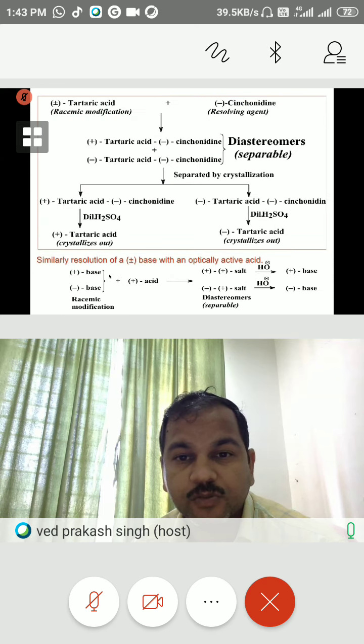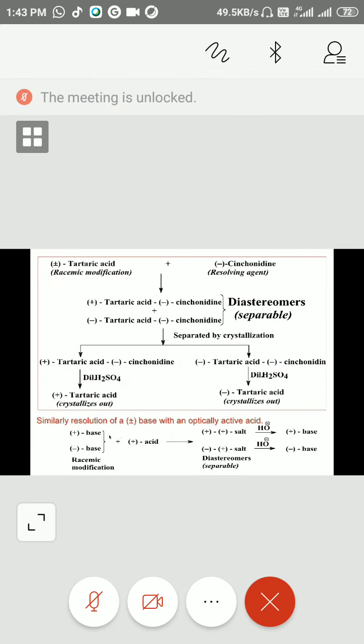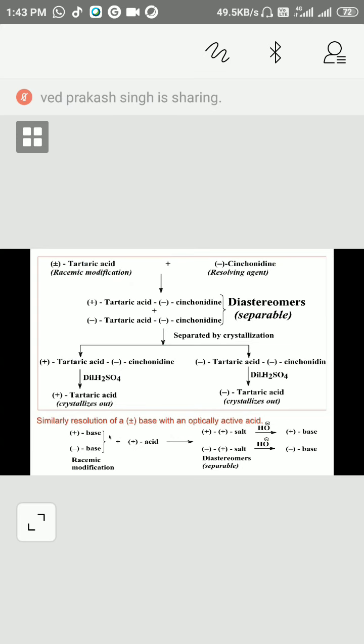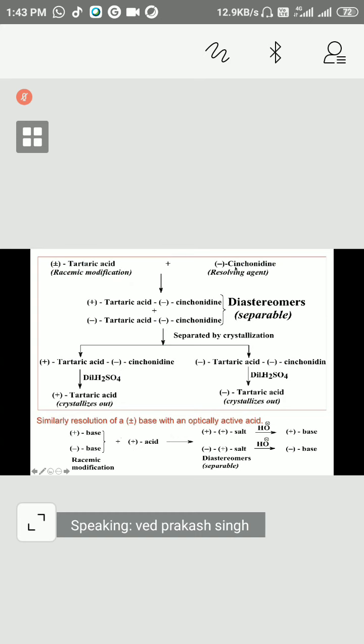For example, here you can see the racemic modification and the resolving agent. If minus cinchonine is added to tartaric acid, you will get minus with minus, which separates as a crystal, and plus with minus, the plus tartaric acid salt, will not crystallize out.